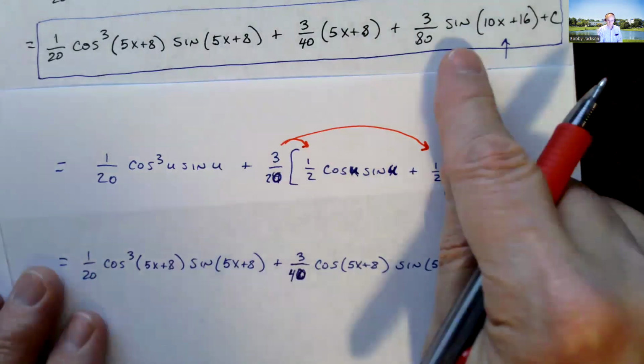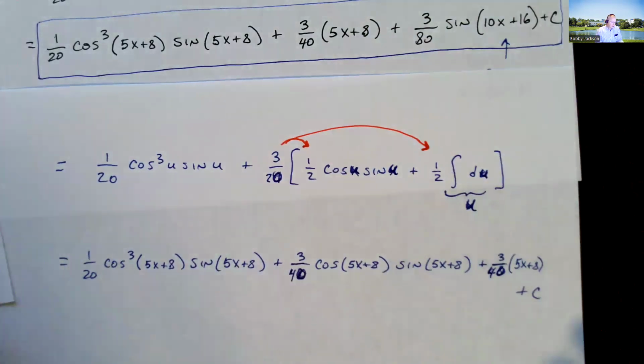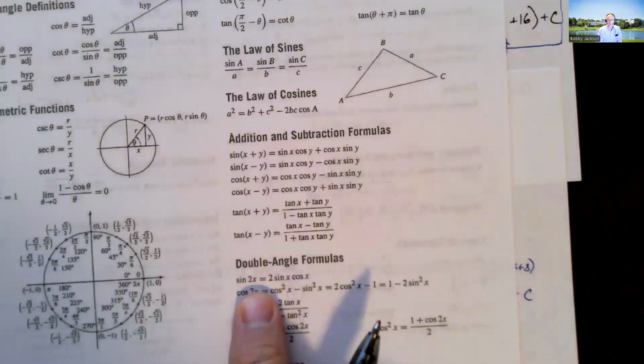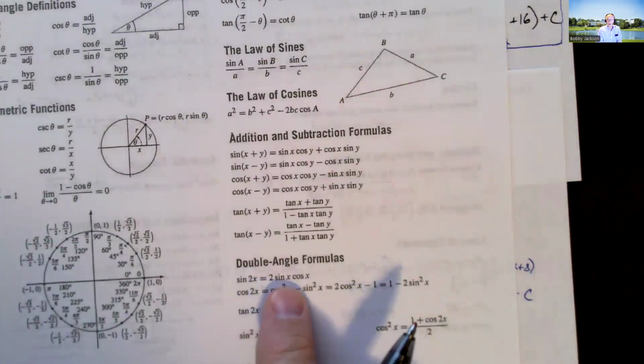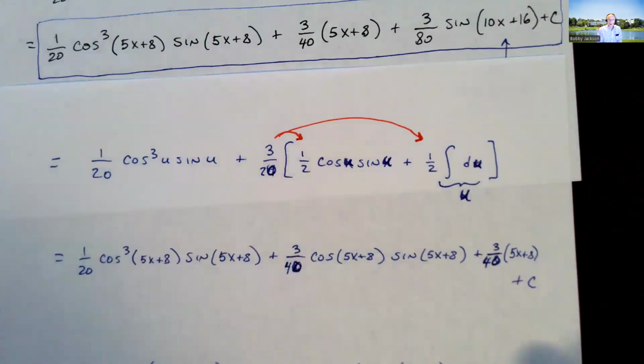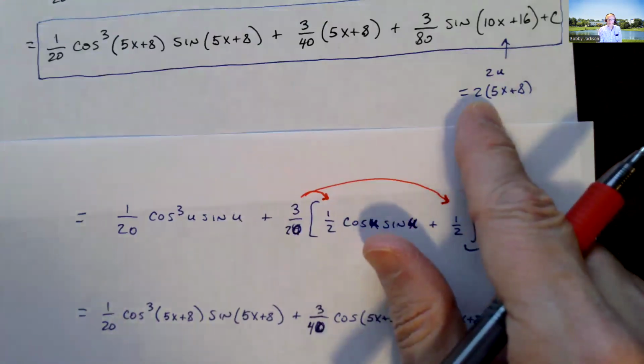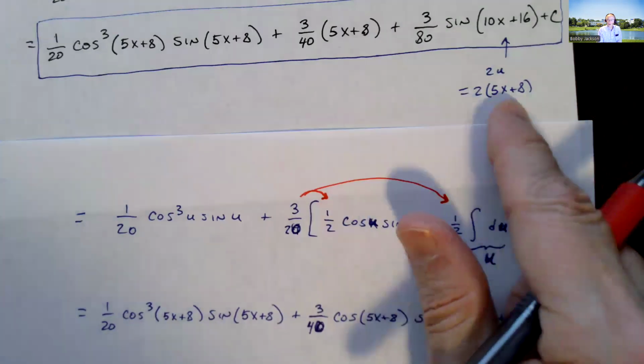Somehow this right here must be equal to this, and it is, because if you remember the double angle formula for sine, sine of 2x is 2 sine of x cosine of x. Looking back at this expression, it was sine of 2u, sine of 2 times 5x plus 8.